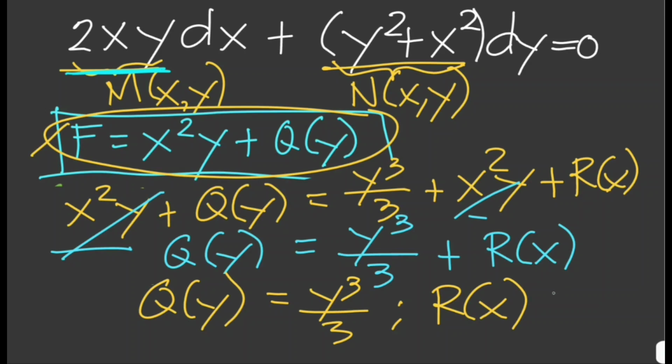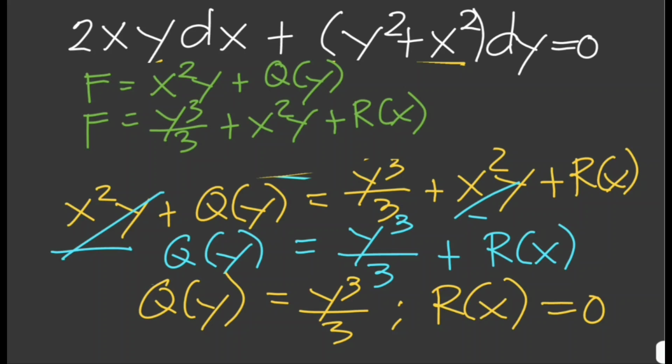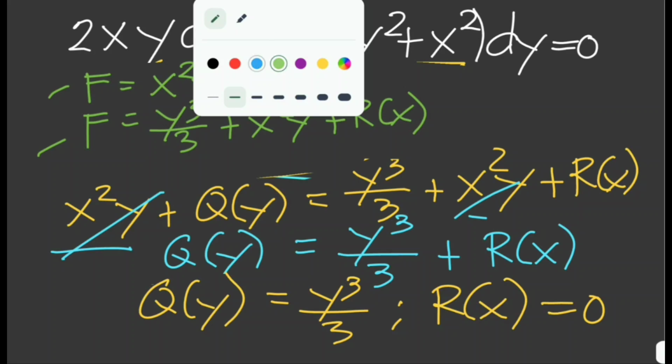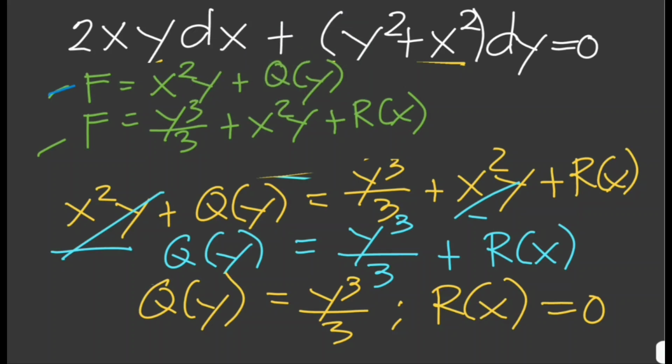So that means r of x is equal to 0. Now going back to the two f's that we previously solved, f equals x squared y plus q of y, and f equals y cubed over 3 plus x squared y plus r of x. Now we can write the final equation.